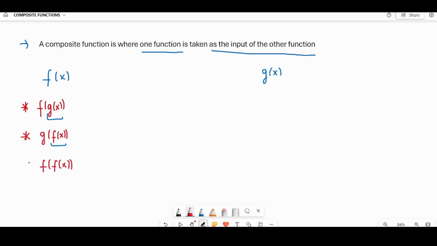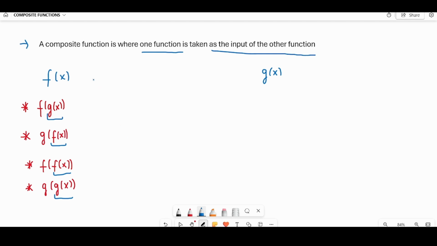So that is also possible that the same function is acting as the input also. Then we can also have g of g of x. So you can see here that the function is g and the input of that function is also g. So these are the ways in which you can form composite functions from these two functions.